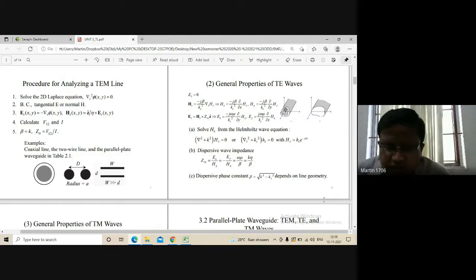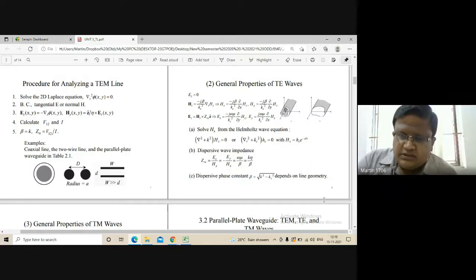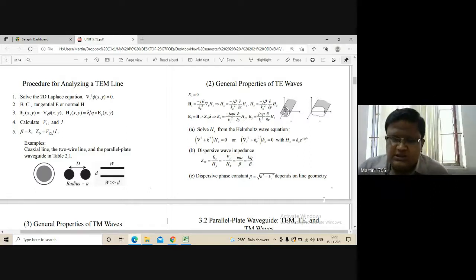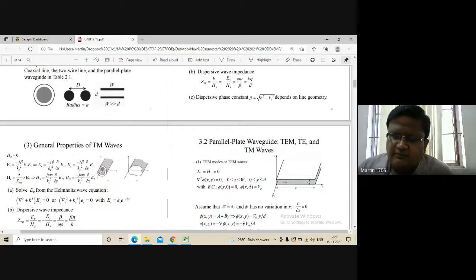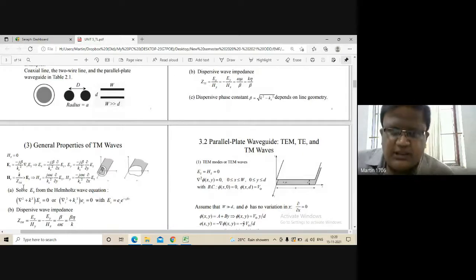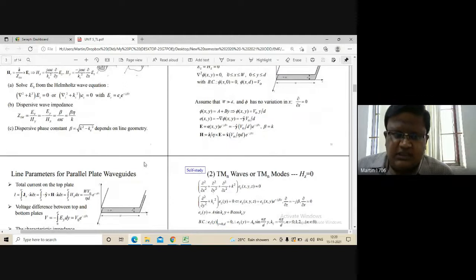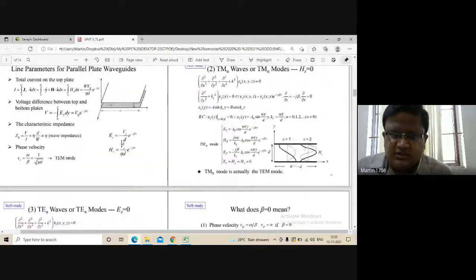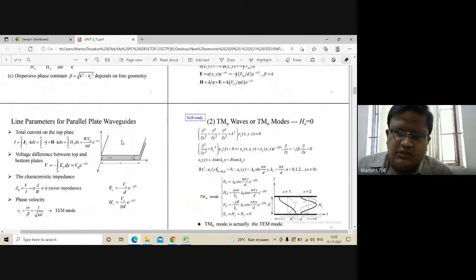For TE waves, some procedures are there, like solving the magnetic equation using the Helmholtz wave equation, the dispersive wave impedance and the dispersive phase constant. Some general properties have been given for TM waves, and some criteria are given. Do not be scared of these formulas.